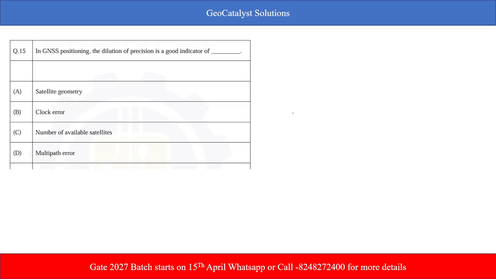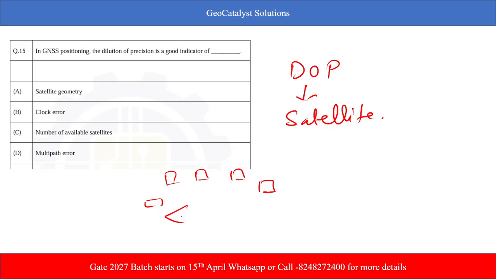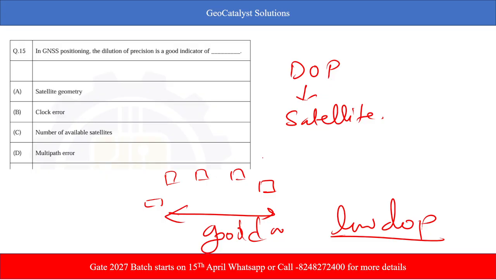DOP is related to satellite geometry, because when satellites are well distributed in the sky, we call it good DOP, and when they are not well distributed, we call it bad DOP. So it is about satellite geometry. Dilution of precision, good DOP and bad DOP, that is about satellite geometry.